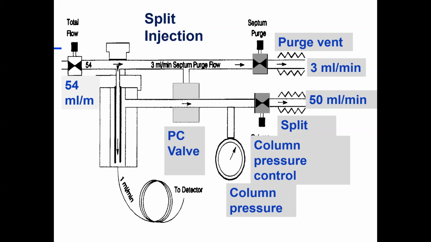So if we have 54 mils per minute coming in, 3 mils come right across here, just in case there's any garbage coming out of here we don't want in our system. Garbage goes out this direction. Then 51 mils come down here. 1 mil per minute goes into our column. Pretty slow flow rate. And the rest of it comes out here, 50 mils per minute.